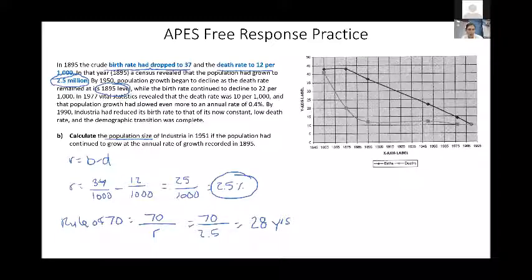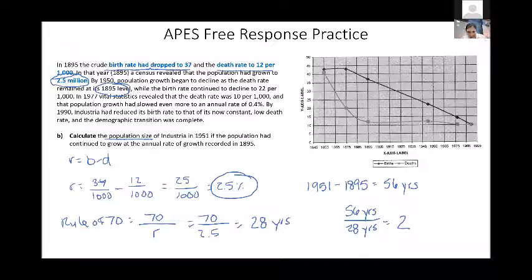But what is the time period that this is occurring between? Well, going from 1951 to 1895, that is a period of 56 years. So how many doubling times are in 56? 56 years divided by 28 years gives me 2 doubling times.